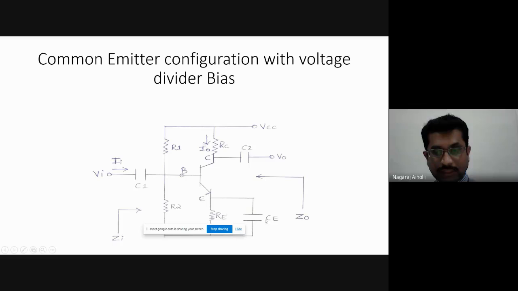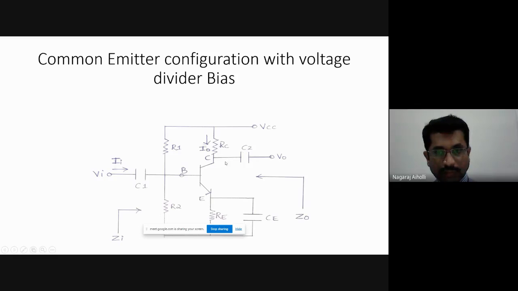For DC the capacitor is open circuit, and for AC signal capacitors are short circuit. So this capacitor will bypass the AC signal to ground.